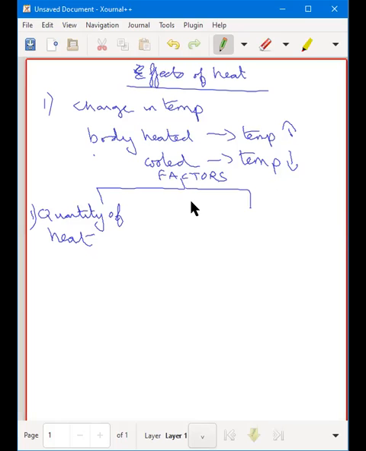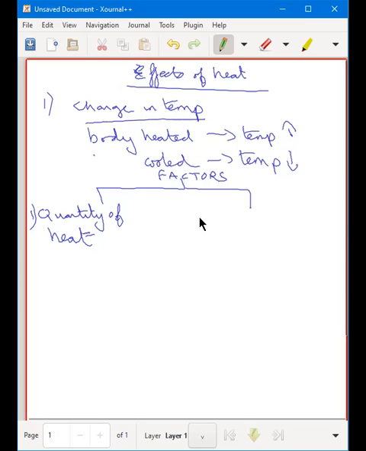And if we take away heat from a body, in which we are cooling a body, the temperature falls because the kinetic energy of the molecules falls, right? So the average kinetic energy of the molecules increases on providing a greater amount of heat. So the temperature rises accordingly. Is this clear? So the temperature change will depend on, one, the quantity or the amount of heat being supplied.